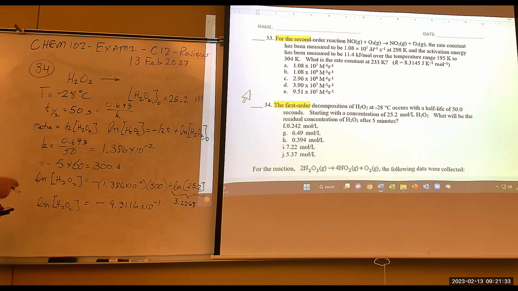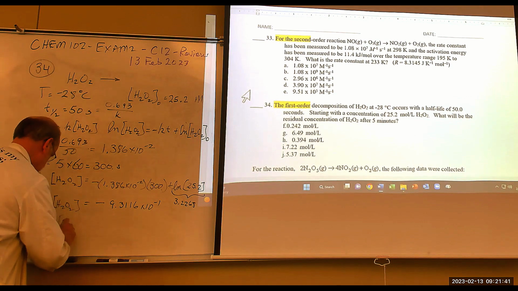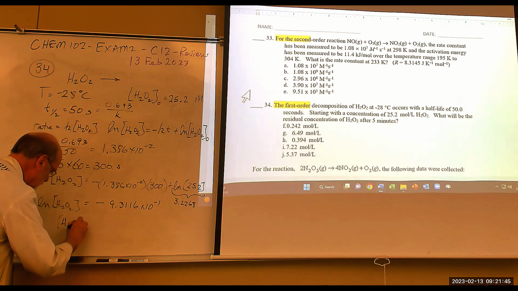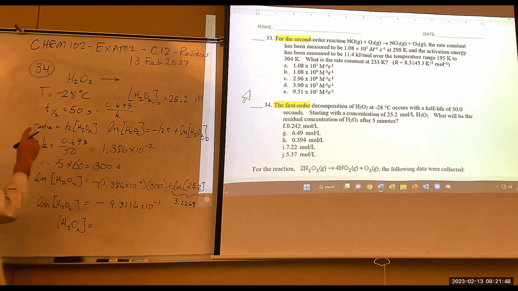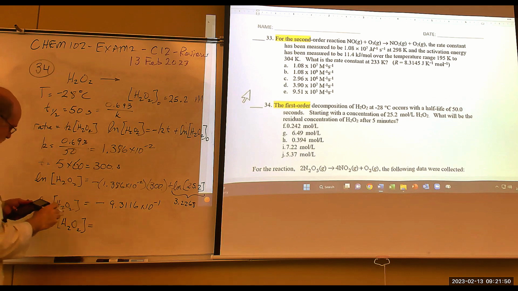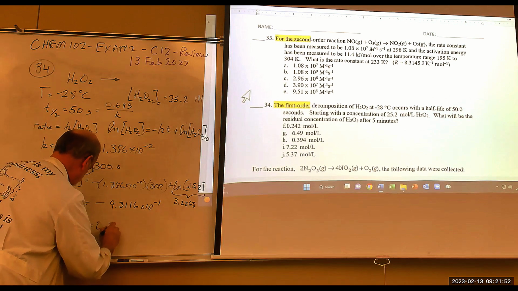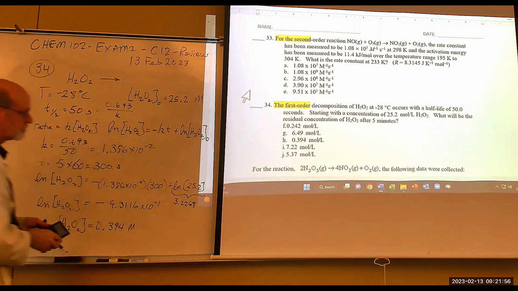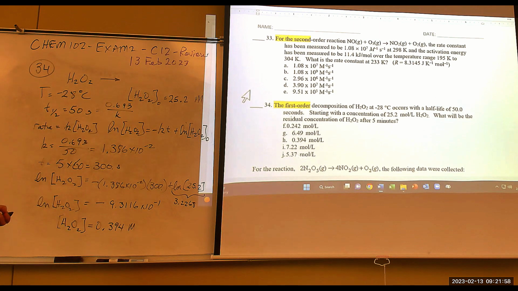I've got that one in my calculator: e to the x. The H2O2 concentration after 5 minutes will be 0.394 molar, right there.